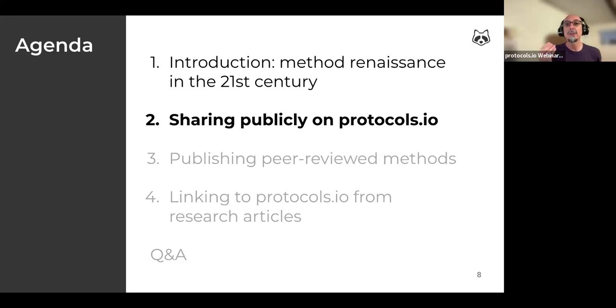Then we will talk about the partnership that we have with PLOS ONE, BMC Methods, Nature Protocols, and Lab Animal to get your protocols peer-reviewed and published as formal peer-reviewed manuscripts, as well as the many partnerships and connections that we have with many other journals which aim to make your papers more rigorous and more reproducible.